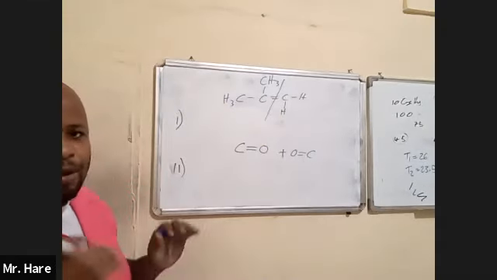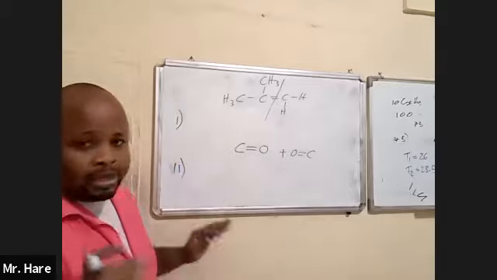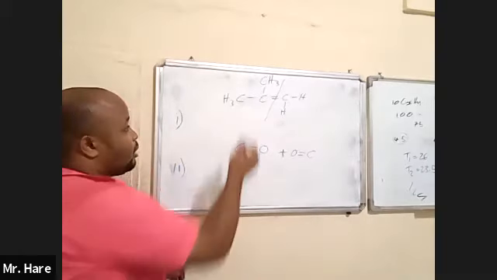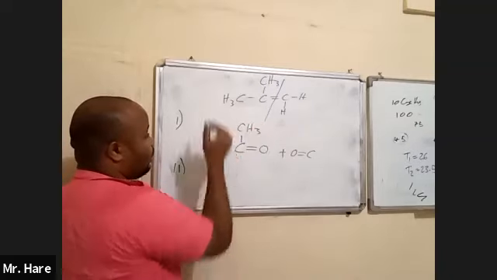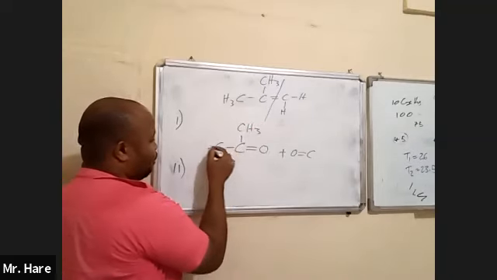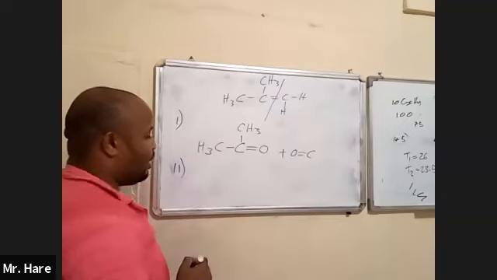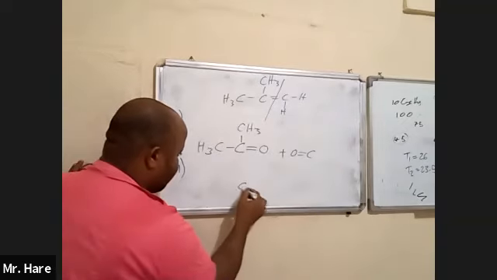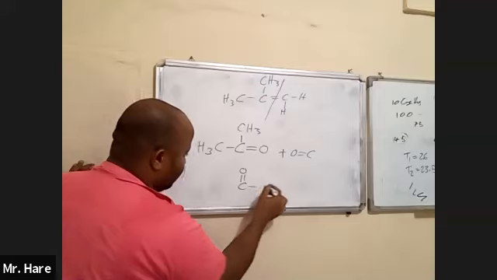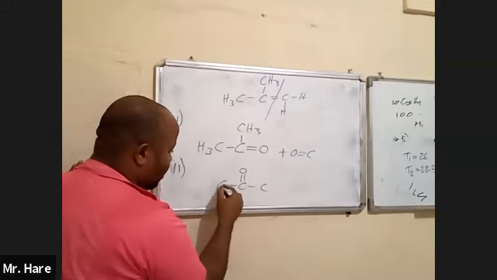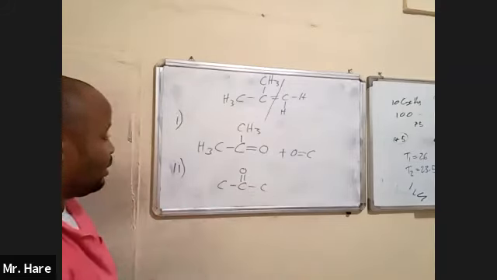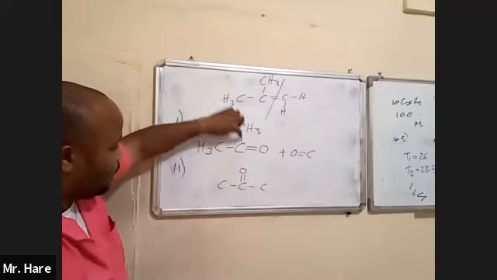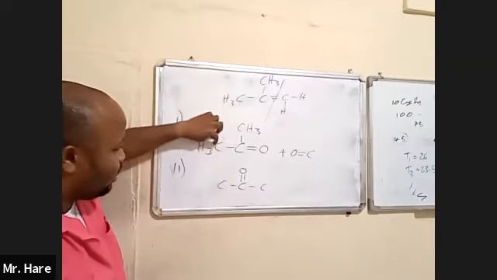And then whatever was there, you put it back. So we have a CH3 here, we put it back. We have a CH3 here, we put it back. The functional group of a ketone is C double bond O with a C on either end. So you have C double bond O with 2 carbon atoms attached to it.